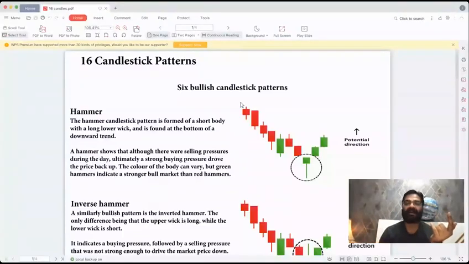Now, what is a candle? A candle is a candle, right? A single stick on a chart of any time frame is a candle, correct? But a candlestick also has a meaning in itself.